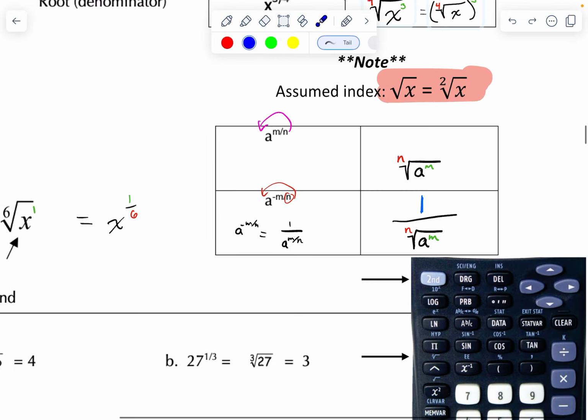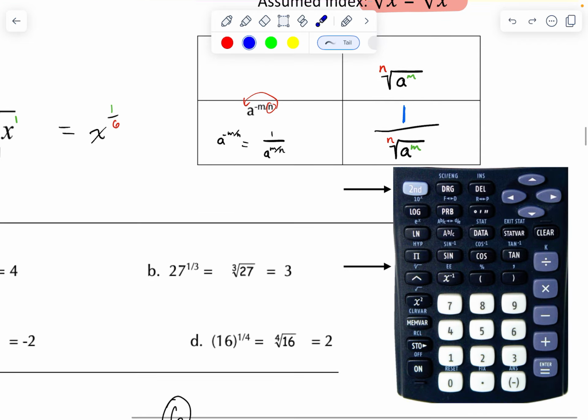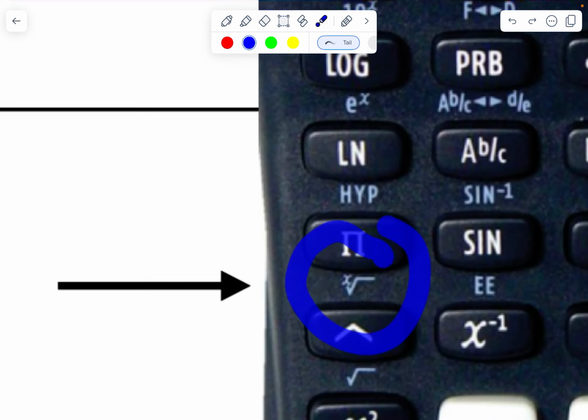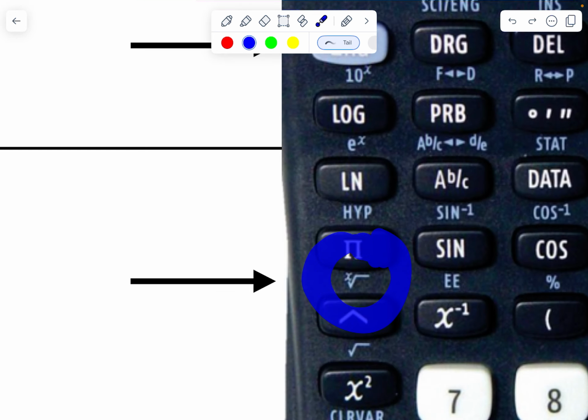So if we're using one of these calculators and we want to evaluate roots other than square roots, we actually do have a button that does that, and it looks like this. Now to activate it, we first need to hit second, and then the caret key.